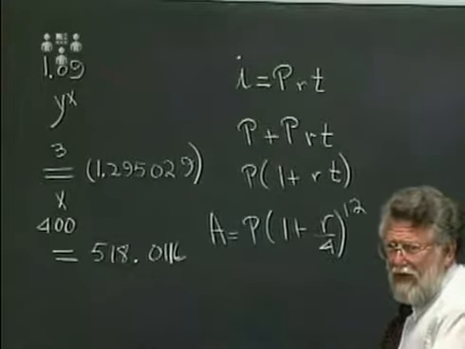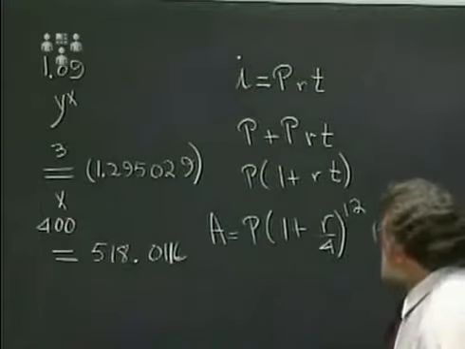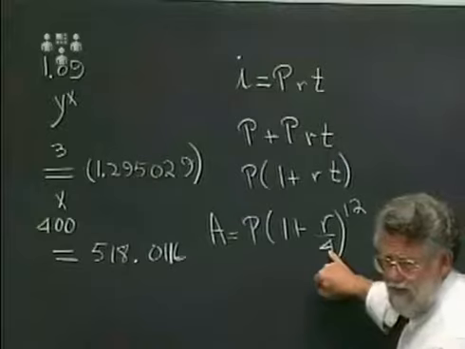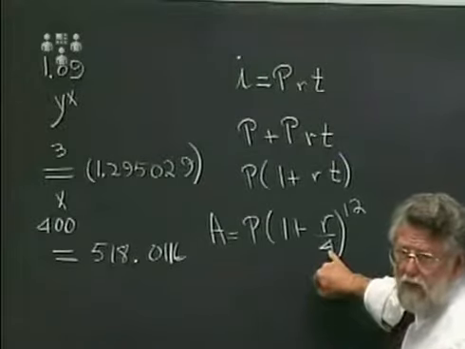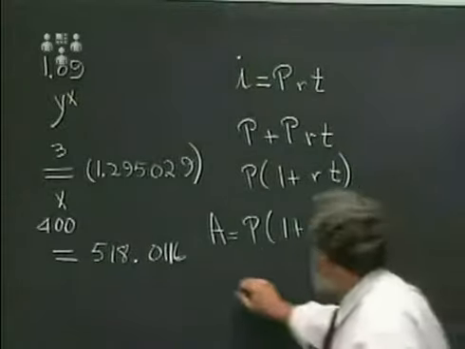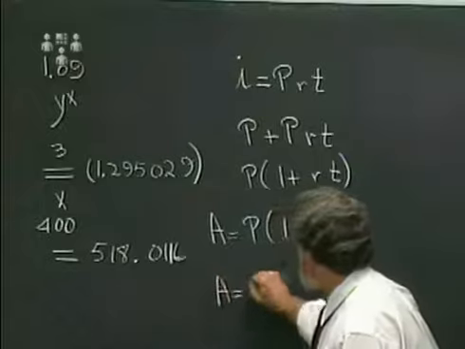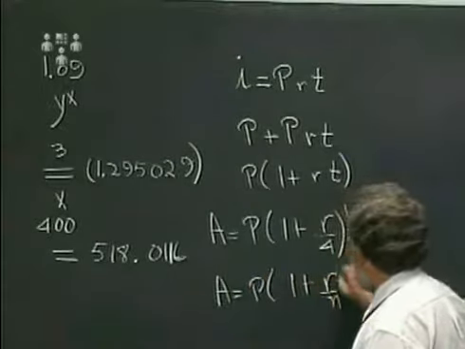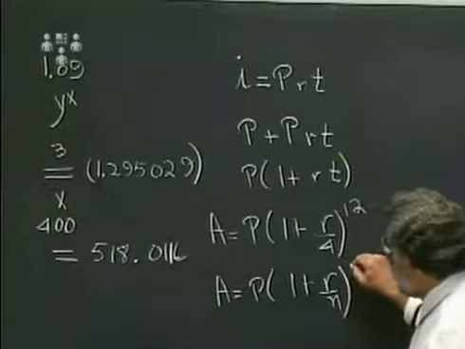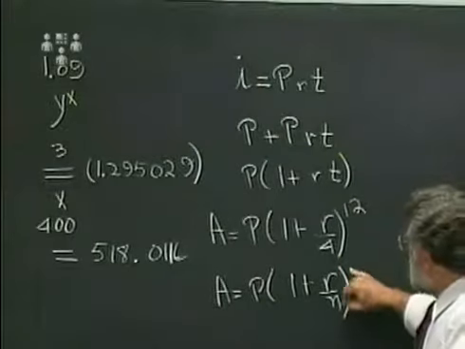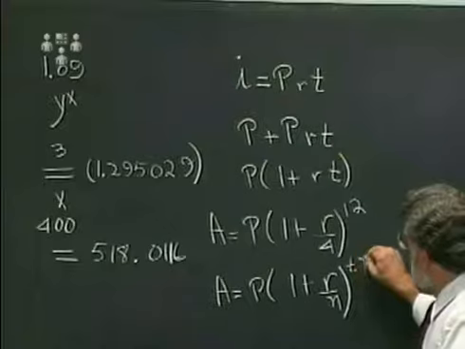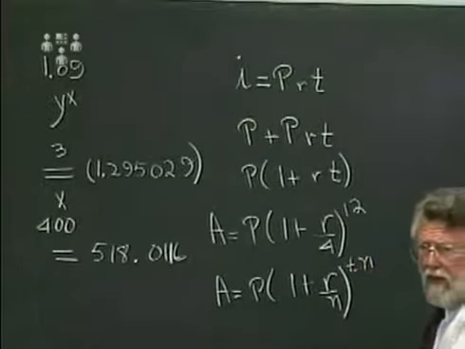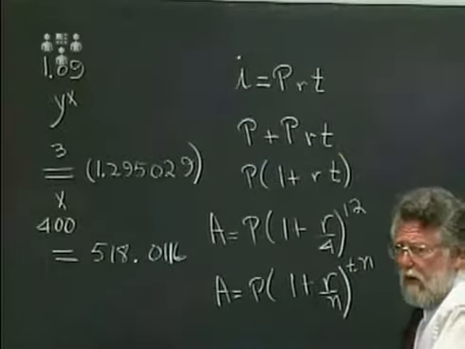Okay, so to that extent, this is sometimes referred to as N, the number of times you compound a year. So this formula, if we generalize it, would be 1 plus R over N, and then you would have your value T times N, or NT, and that becomes your general formula.